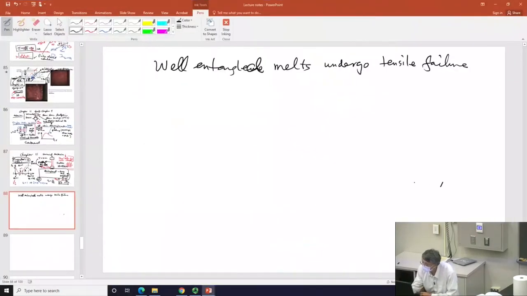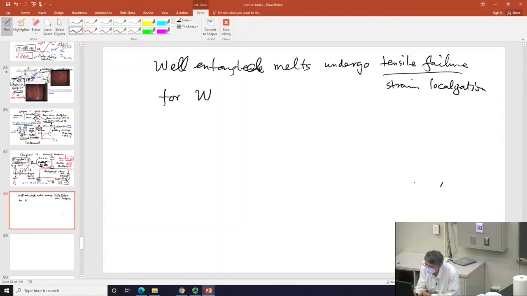Of course, really what it means is strand localization. In other words, uniform extension ceases at some point for all values of Weissenberg number larger than 1.